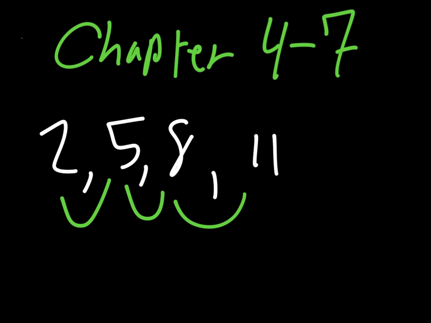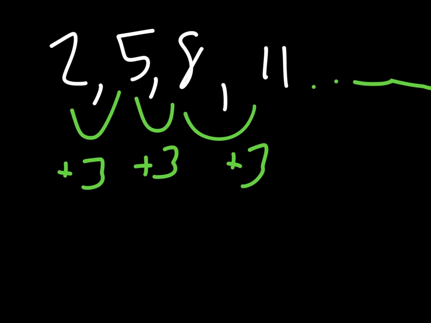So if you noticed, to get from 2 to 5, you add 3. To get from 5 to 8, you add 3. To get from 8 to 11, you add 3. So with this, we know what the pattern is: add 3. So we know it'll keep going on and on just by adding 3 and 3 and adding 3, okay?